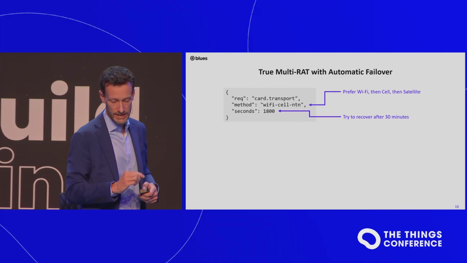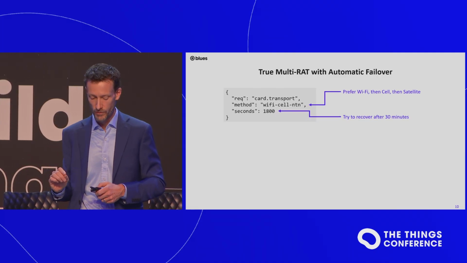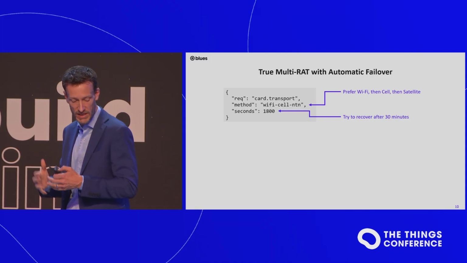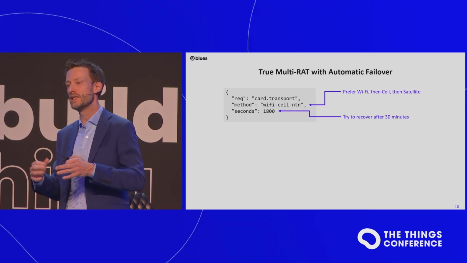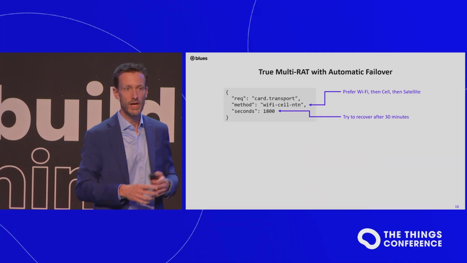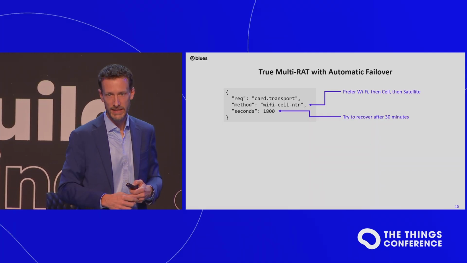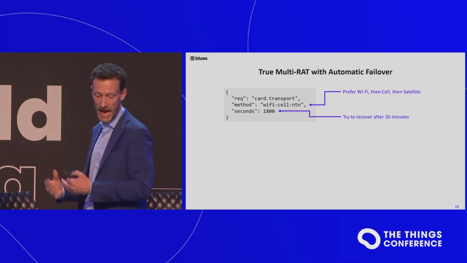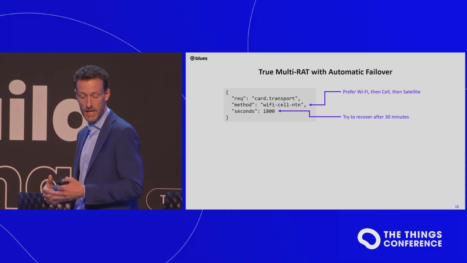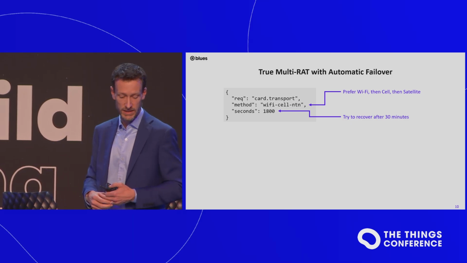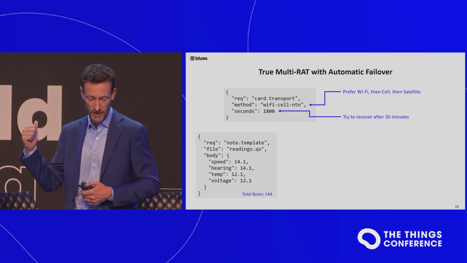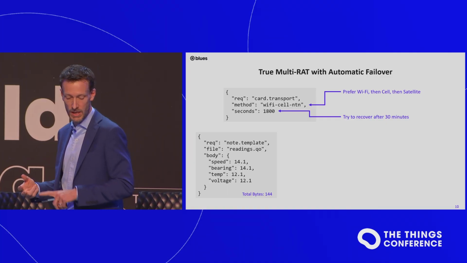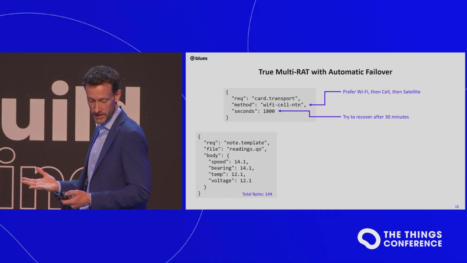What's more is that when your device is in failover mode, the Notecard provides a similar mechanism for ensuring that you save bytes by sending only the data that's absolutely necessary when you're on a constrained radio access technology like satellite. So for example, if I'm building an asset tracker for long-haul trucks that occasionally loses cellular connectivity along a route, I can specify a template that sends a complete payload including truck location, speed, and condition data when on cellular.